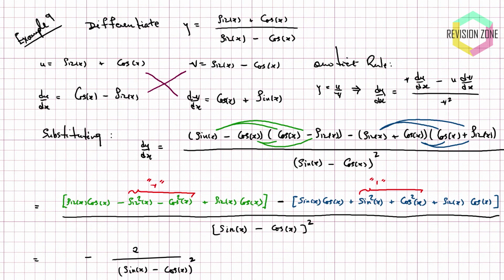We're going to have this cancel with that, and this cancel with that, leaving us just with minus 1 from here, and then the takeaway, and then 1. So negative 1 take away 1 is just negative 2, so I have negative 2, right? And the denominator I've just left alone. So I've got an answer for the overall function that we were trying to differentiate, and I hope you would agree that this is a rather nice looking thing.